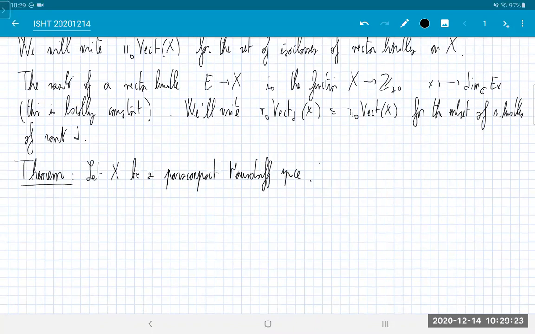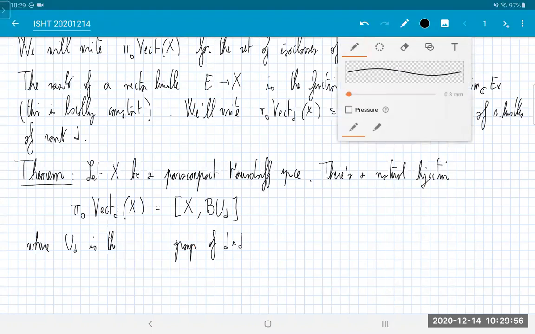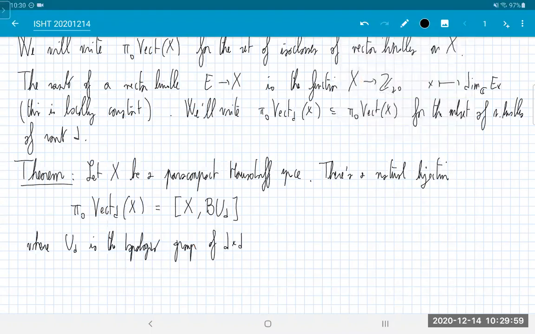Then there is a natural bijection between π_0 Vect_d(X) and homotopy classes of maps from X to BU(d), where U(d) is the topological group of d by d unitary matrices.